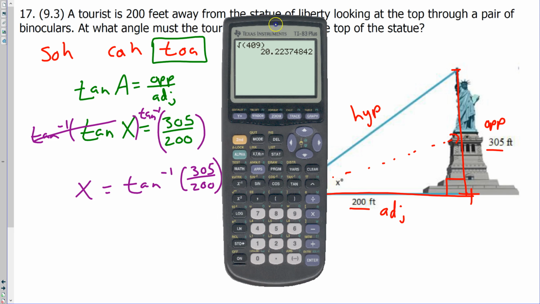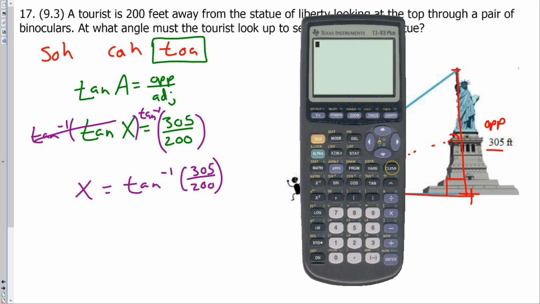Now I will need to type that into my calculator. Before I do, I want to check which mode I'm in. Graphing calculators in particular are very bad at not being set in the correct mode at times. Your other types of calculators, like the scientifics, usually default to the degree mode, and so you're fine. Graphing calculators usually don't. So here I clicked my mode button, and you can see I am not in degree, I'm in radian.